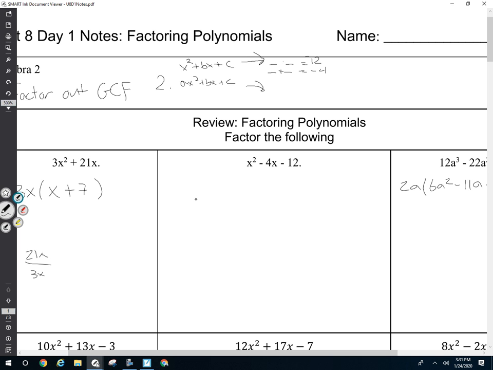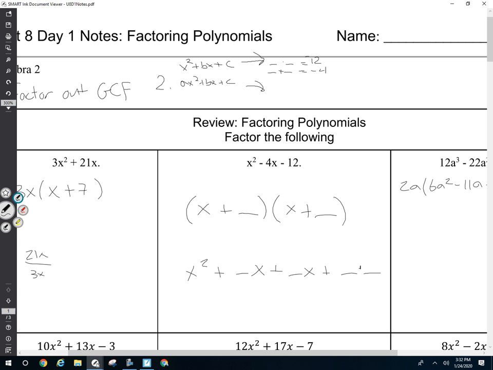Because we know x plus something times x plus something will have the form x squared plus this number times x plus the 2 numbers multiplied together.